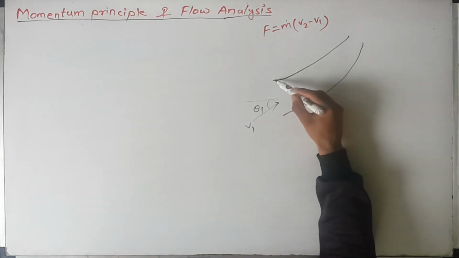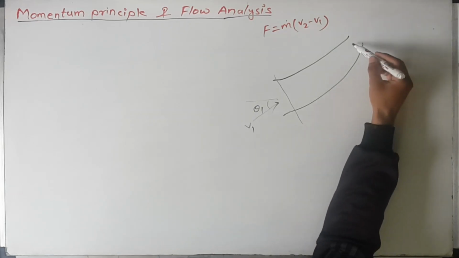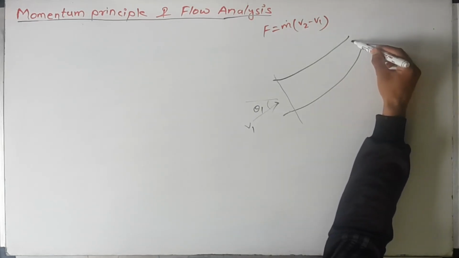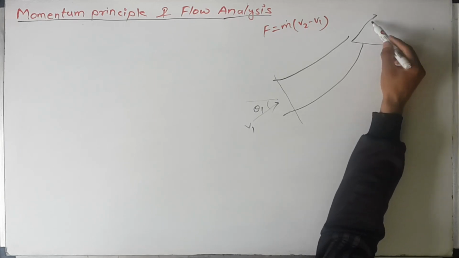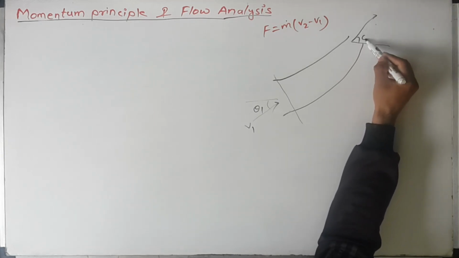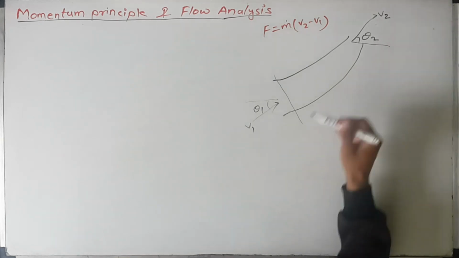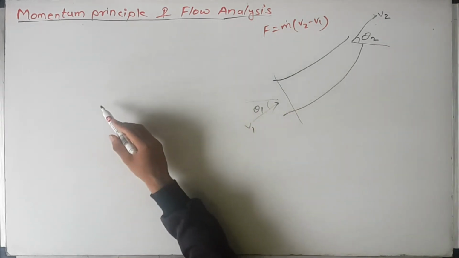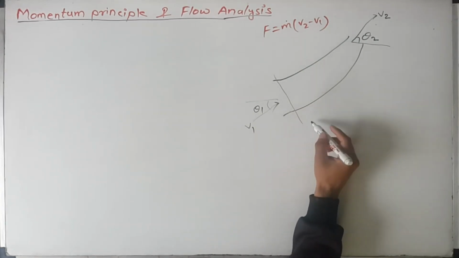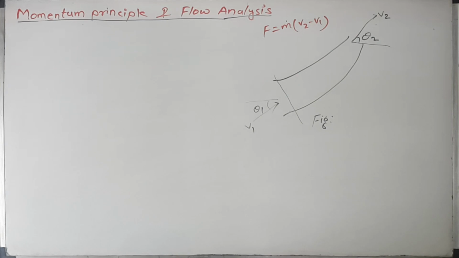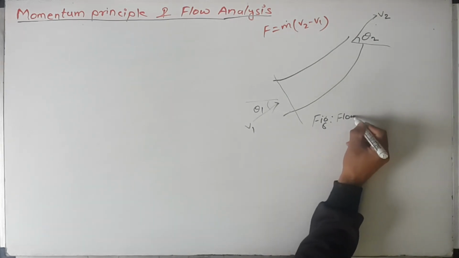And similarly, the fluid exits from this pipe, making angle theta2 with the horizontal. This is v2. Here, I write what is shown in the figure. You can write the figure name here, flow analysis.